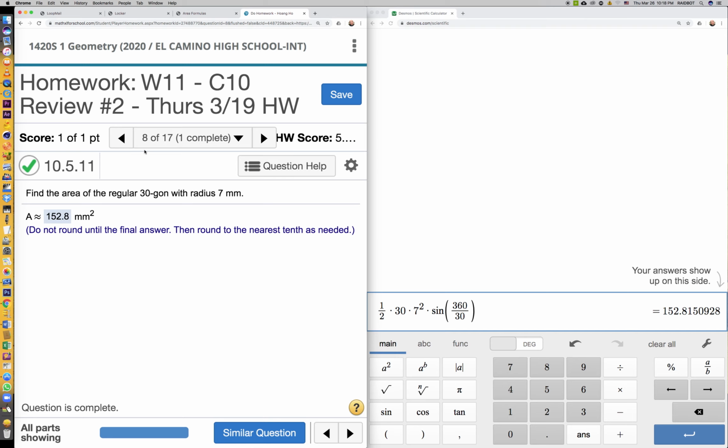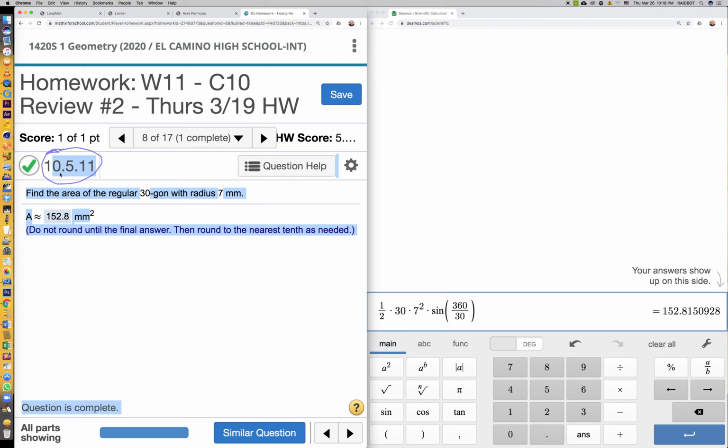This question 8 is also already posted, and I will show you how to find it in the solutions I posted. Look at this number over here, 10.5.11. You need to pay attention to the first two numbers, 10.5.